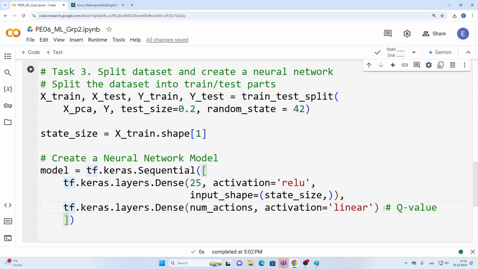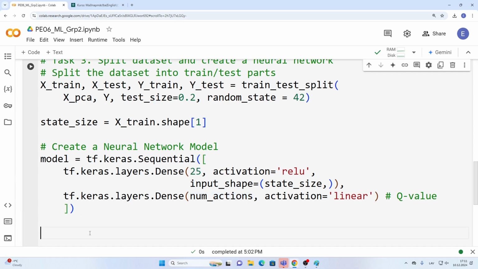Okay, so now we have specified a three layer neural network. First is the input layer, second is a hidden layer with 25 neurons and ReLU activation, and the last layer is 10 neurons and the activation is linear. As such, this is a neural network for a regression task, not a classification. Because of that, we need to correctly compile it as well.